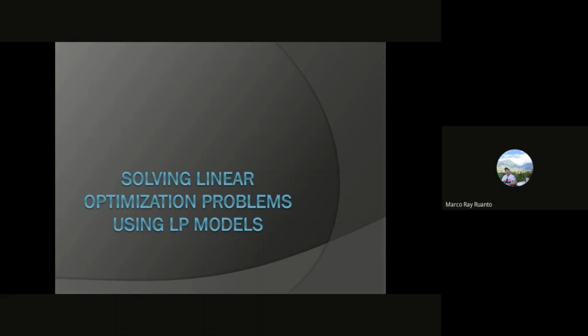Planning, especially when you use networks. You will use these linear programming models.